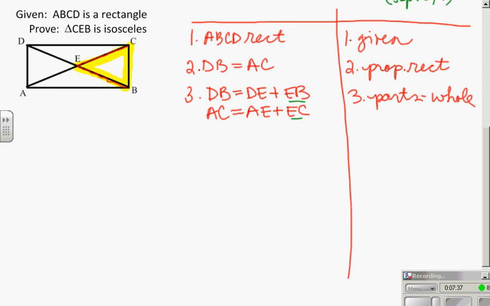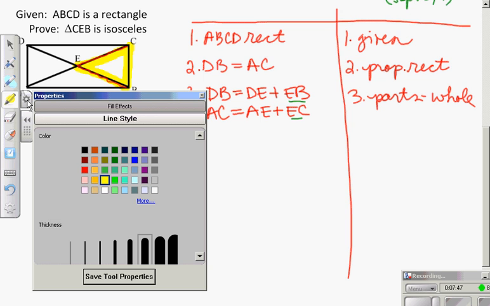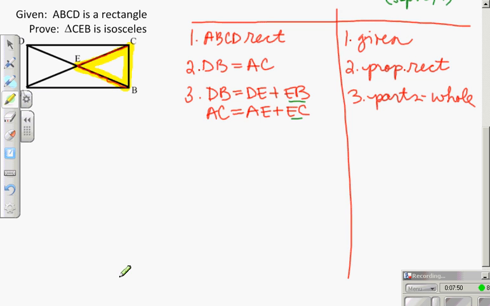That EC and EB that I'm eventually going to try to get equal, it gets them on the page. So again, one of my favorite theorems is if I have things that are equal, that then are also equal to sums, I can set those sums equal to each other.